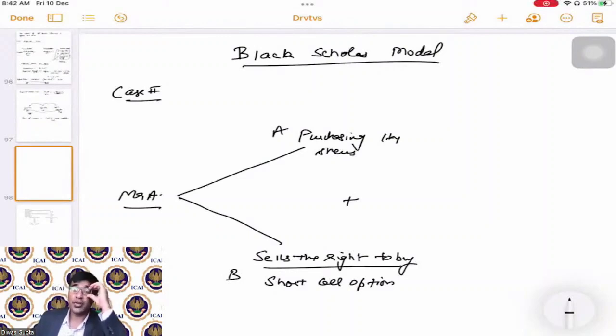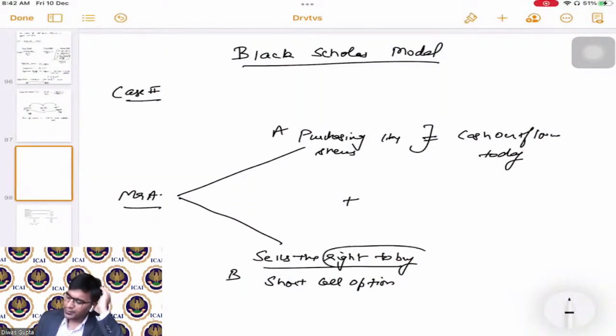Now, students, if you see from Mr. A's perspective, purchasing the shares is a cash outflow today, correct? And once he sells the right to buy, I'm not talking about the premium as of now, because premium is what we are trying to value here. So premium, you keep it aside. Once he sells the right to buy on a future date, if the right is exercised, then he will get the strike price equivalent of money.